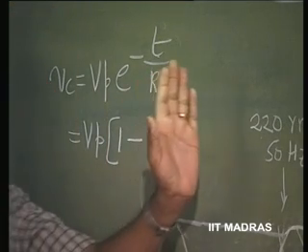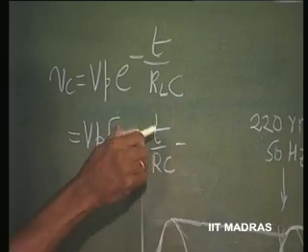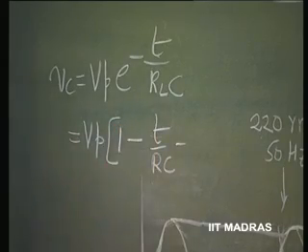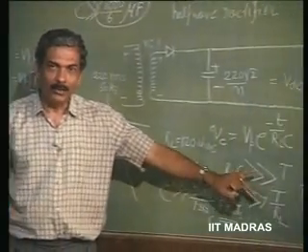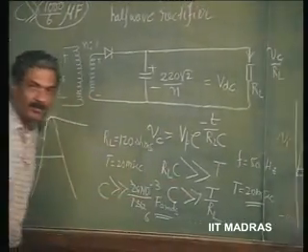We are not interested in the higher order terms because we are going to make sure that the time interval involved is such that T by RC is much less than 1.